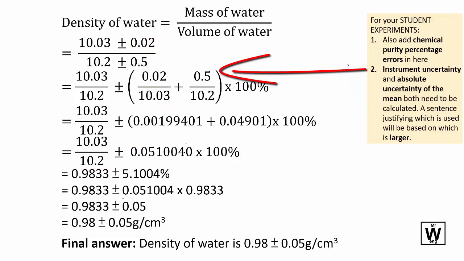And so when you times that out, you are going to get a reading of 0.05 once it's worked out to 1 sig fig. And so this therefore is in the hundredths, and so you need to get rid of this untruthful precision, and that is your final answer, 0.98 plus or minus 0.05.